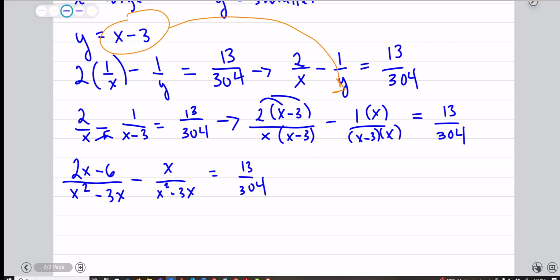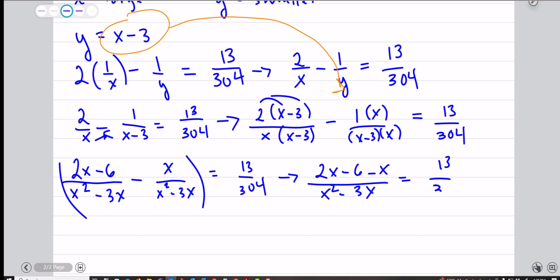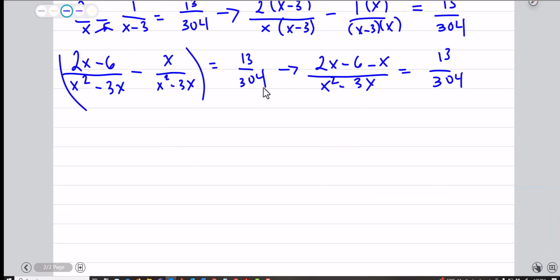And I can combine these into one fraction, which would be 2x minus 6 minus x, all over x squared minus 3x, equals 13 over 304. Collect like terms, which would give me x minus 6 over x squared minus 3x equals 13 over 304.